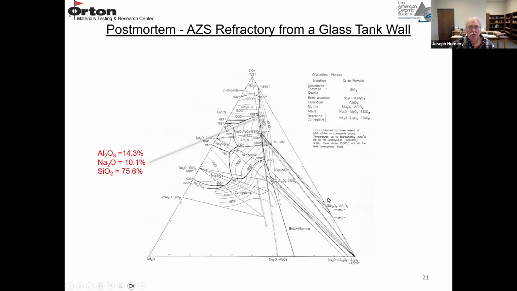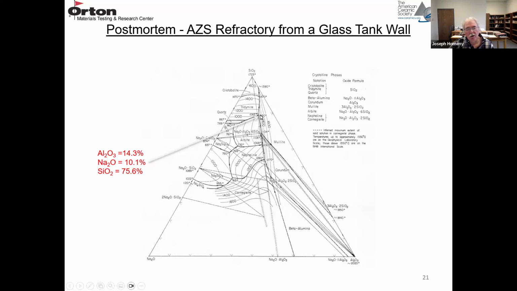So you can try to use phase diagrams. It's not that easy when the system's so complex, but this is SiO2, Al2O3, and Na2O. So that's one of the components that infiltrated the refractory. So I normalized the three components to add up to 100%. And that composition falls right around here. That's near the albite phase field. It's a low melting material. And if you look around here at the different eutectics, then maybe there's a peritectic also over here.